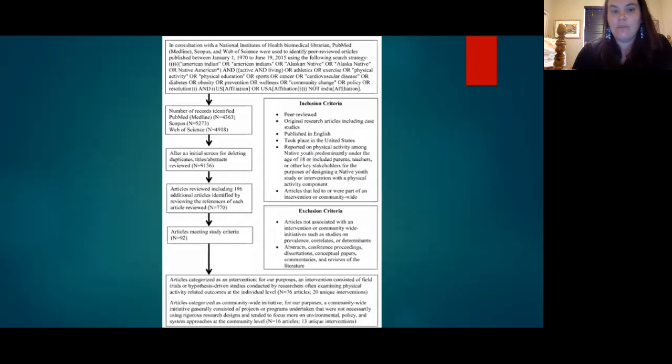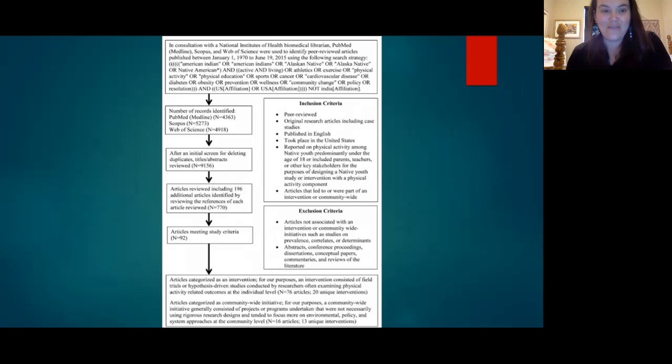So here's our example from the paper we wrote. We identified over 4,000 from PubMed, over 5,000 from Scopus, and almost 5,000 from Web of Science. We did an initial screen, and really you also look for duplicates if you use multiple places, and we found 9,000 articles reviewed, including 196 additional articles identified by reviewing references.